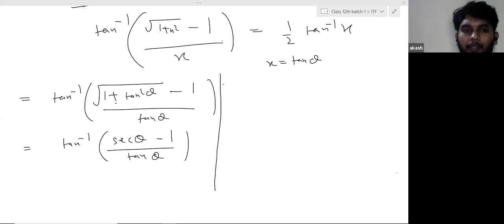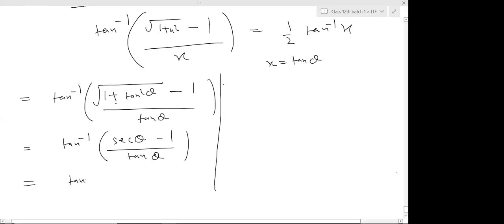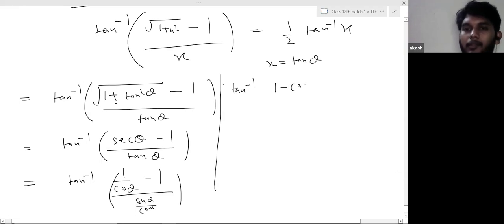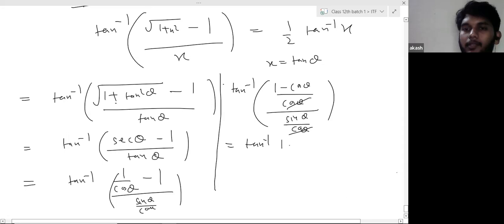Absolutely right. So the way to move on is tan inverse. Let's write sec theta as 1 upon cos theta minus 1 upon tan theta is sin theta upon cos theta. All right. Now this is tan inverse 1 minus cos theta upon cos theta whole divided by sin theta upon cos theta. So this is cancelled. What we have finally is tan inverse 1 minus cos theta upon sin theta.